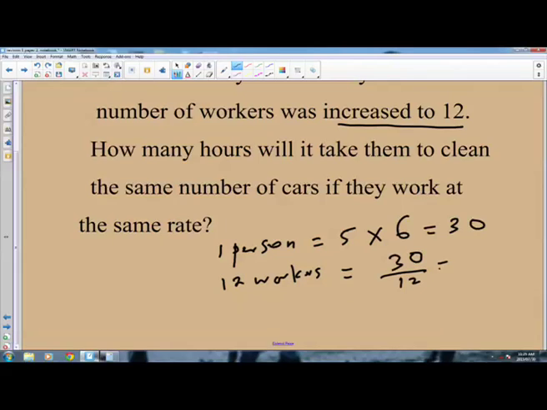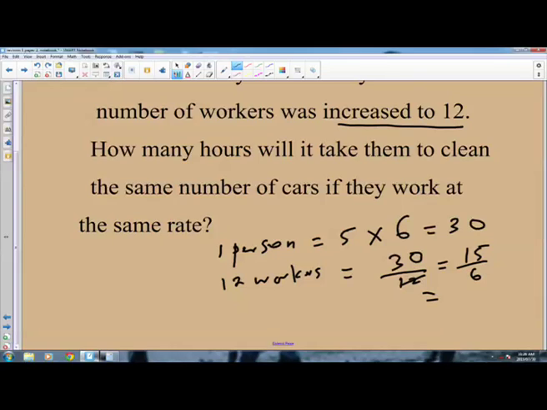And then what is 30 divided by 12? If you divide by 2, 2 into 30 is 15, and 2 into 12 is 6. So it's 15 over 6.